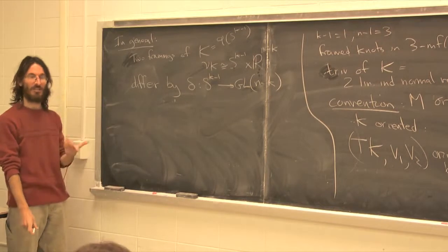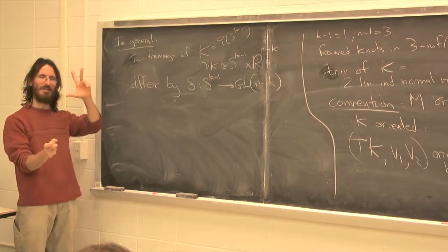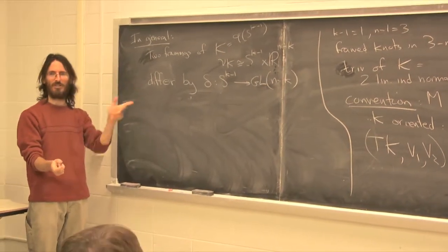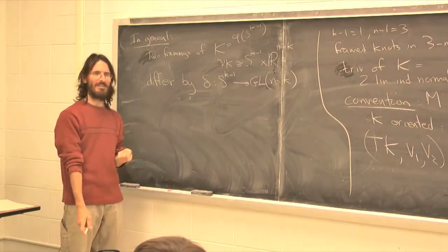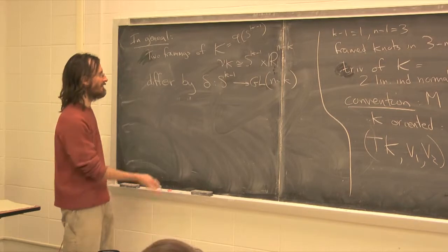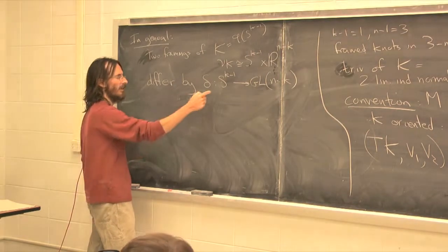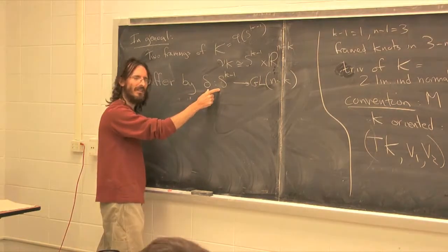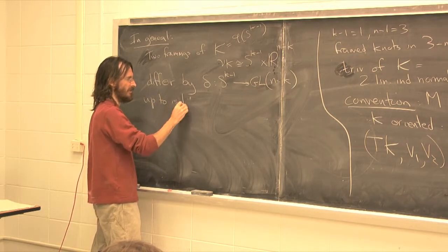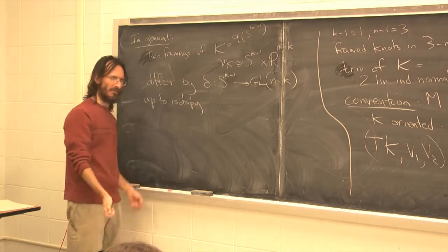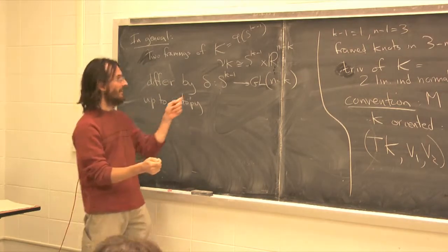Okay, let's just change the basis matrix. So then you got one basis, you got another basis, at every point you have to change the basis matrix. And so if all you care about is up to isotopy, then all you care about is the homotopy class of this map, right? So up to isotopy, we have to think a little bit about homotopy versus isotopy.